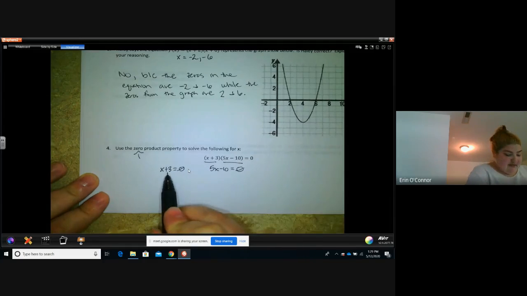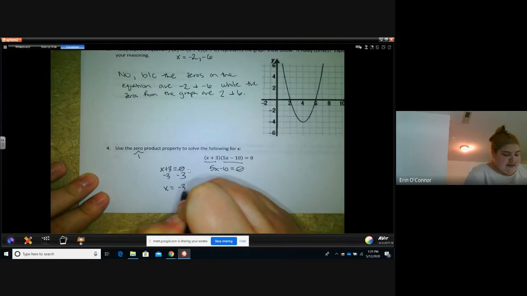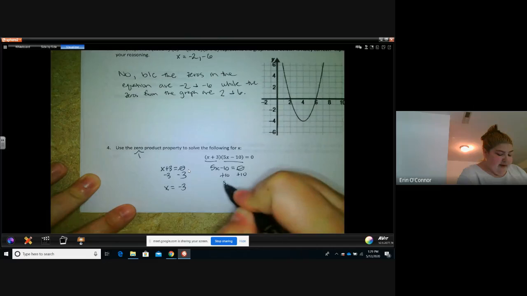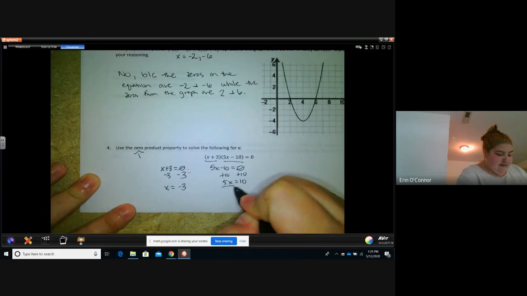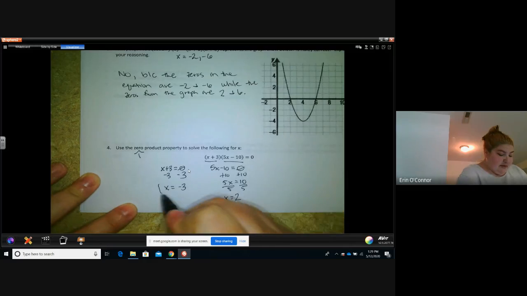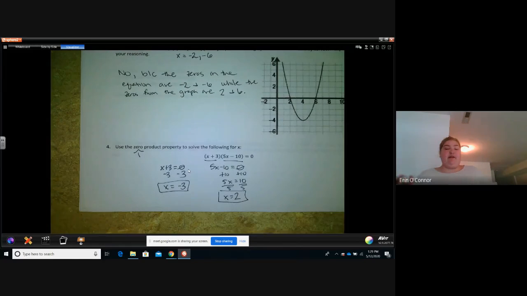Let's solve. So on this side, we're going to subtract 3 on both sides, and we get x equals -3. Here, we're going to add 10. We get 5x equals 10, divide by 5, and x equals 2. So the solutions for x are -3 and 2.